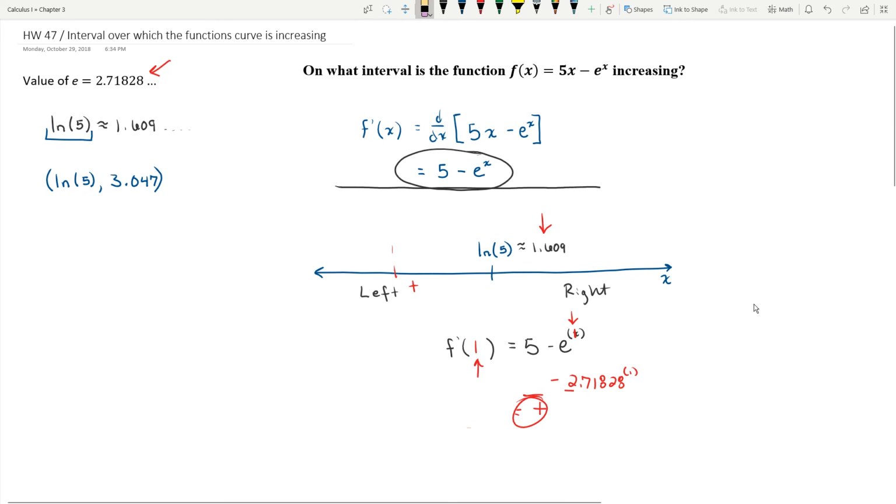So wherever 1 is, and say 1's here, we know that it's positive. And if I chose another number that is just a little bit less than 1.609, so let's just say 1.6. Well, 5 is still going to be greater than e to the 1.6. So it is still positive on the left side. So we do the same thing to the right side.